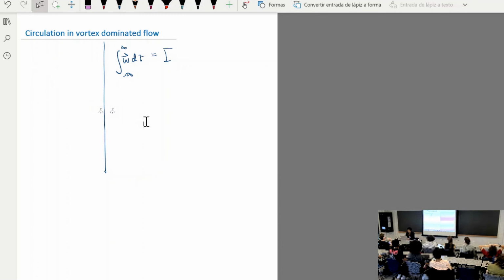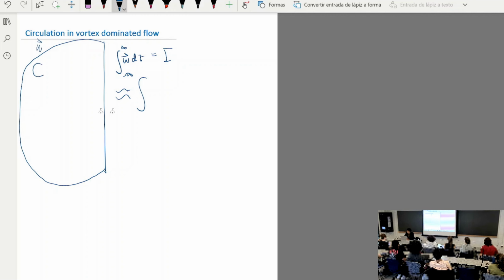And this line, I just loop around this. The velocity on this loop around line is going to be tiny, negligible, right? So this integral is basically approximately equal to this circular integral of u dot dl, right?